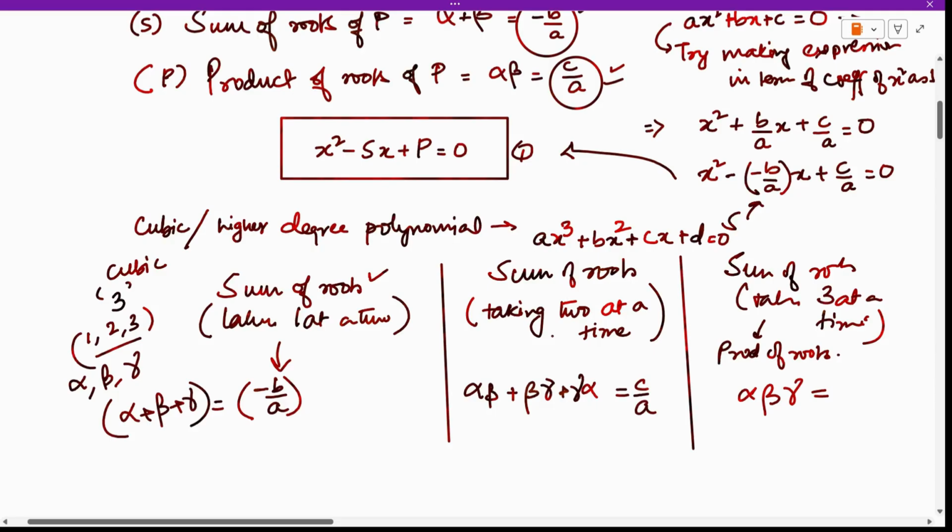So you see, this is minus b by a, this is c by a, this is minus d by a, and this continues, right? For every higher degree polynomial, sum of roots taking one at a time will be the same as minus b by a; the signs alternate, first minus, then plus, then minus, and this continues for the higher degree polynomials. For cubic, up to this is fine.